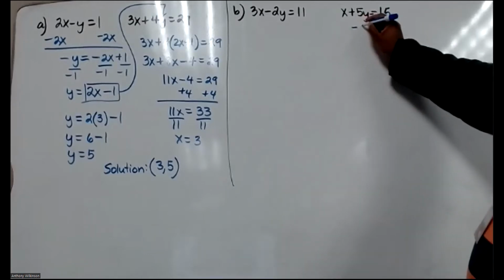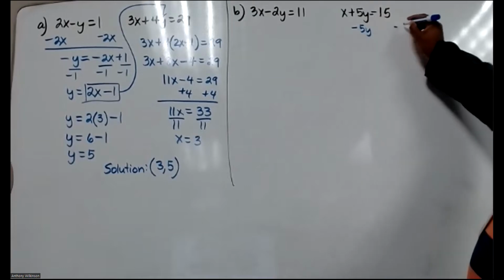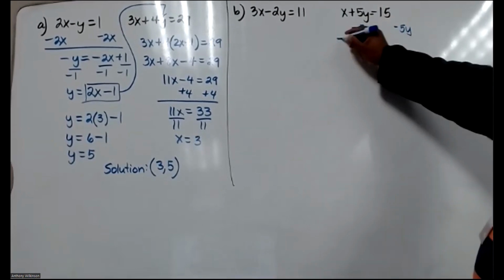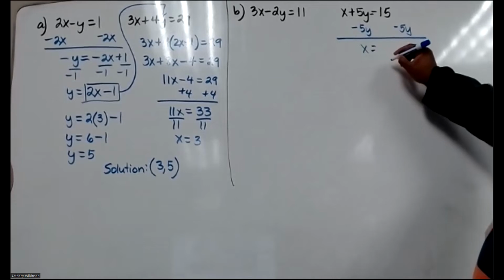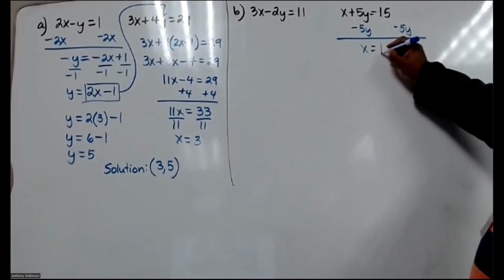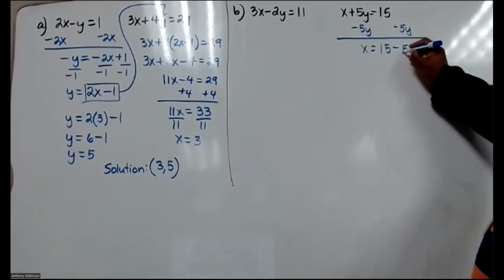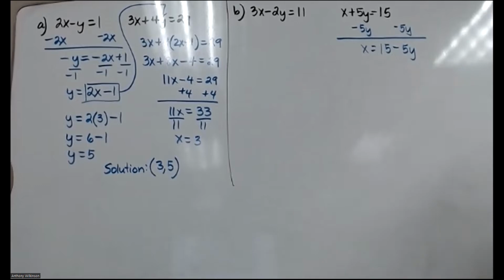Yeah, subtract the 5y. So this will just be x is equal to, I can write this as 15 minus 5y. Now, these are unlike terms, so we can't combine those. Keep that in mind. So x equals 15 minus 5y.